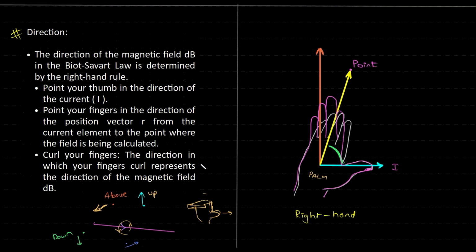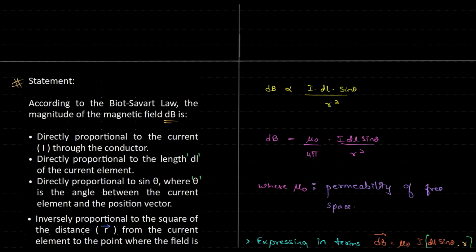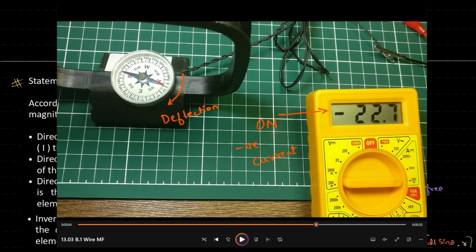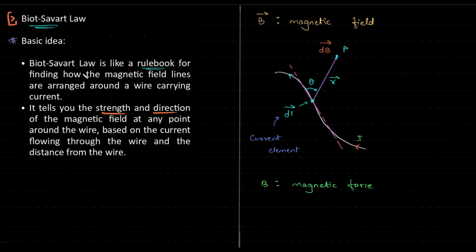Okay, so very simple set of things. We understand that the compass can get affected by the current in the wire. When we talk about a compass, direction is pretty much important, and how much deflection. So these two factors, magnitude and the direction, have to be studied, and that is studied with the help of the Biot-Savart law.